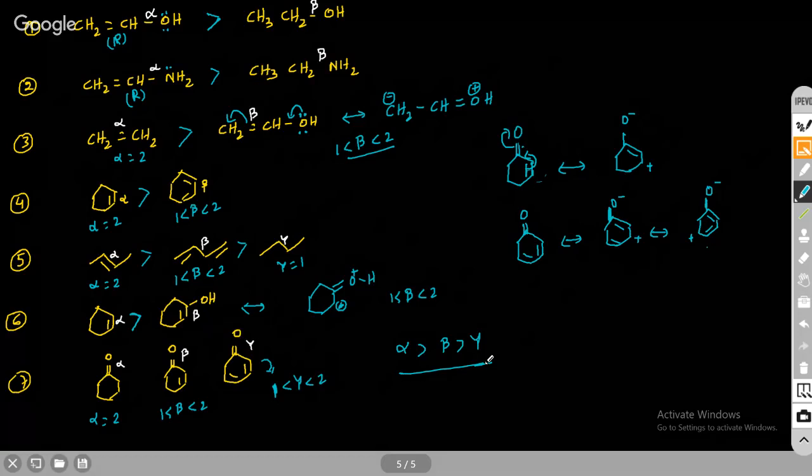Did you understand this? How to compare the bond order? And when you know bond order, you can write down bond strength, bond length, anything. All of you understood?